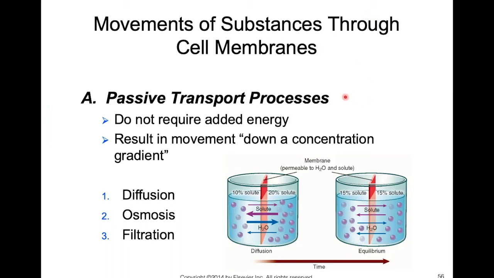There are two main types of transport processes. The first one we're going to talk about is passive transport processes. They're known as passive because they don't require added energy. The reason that they don't require any added energy is because they result in movement down a concentration gradient. Here's an example of diffusion.